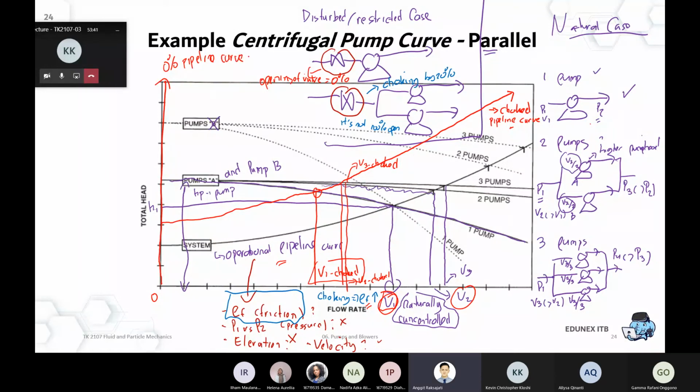You will not have anything flowing. Okay, it stops, not only because it's closed. Yes, it's closed. You don't allow any opening for the flow to increase. But with the same concept, at 0% opening of the valve, you make the pipeline operational curve become vertical, that will not allow anything to flow past the valve.